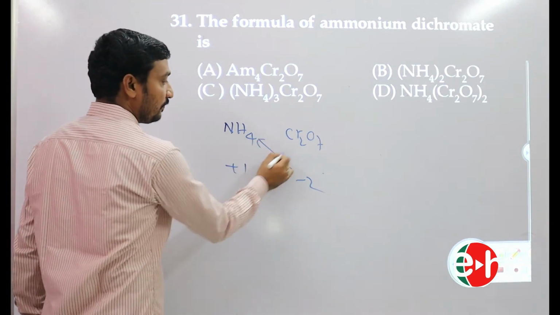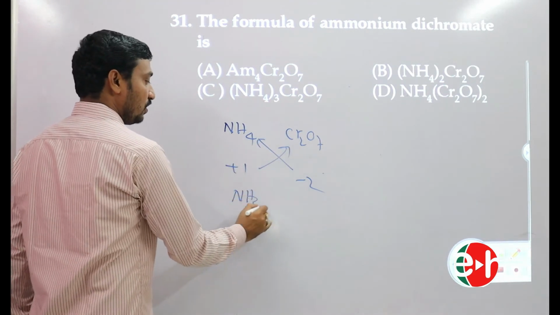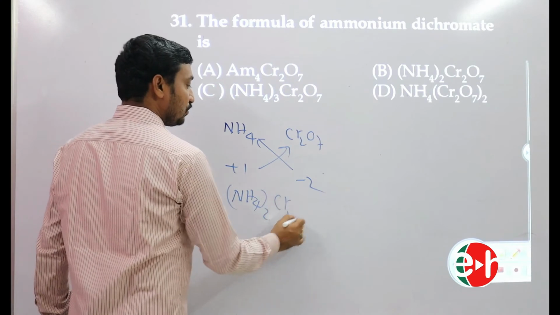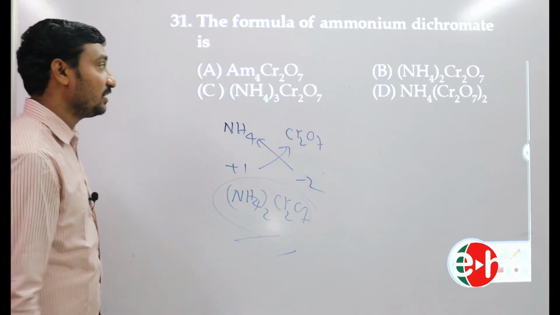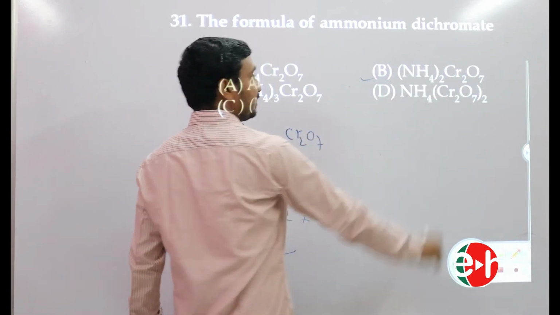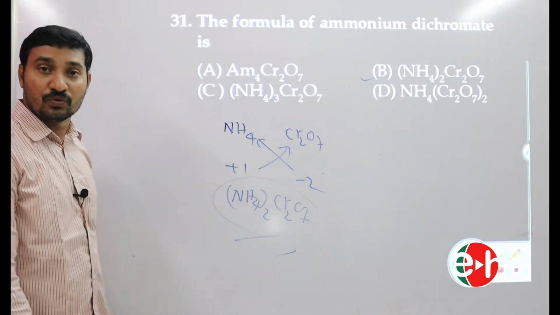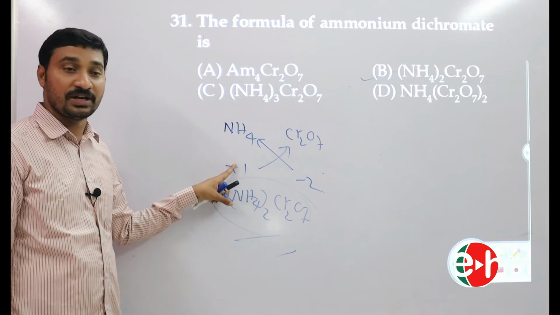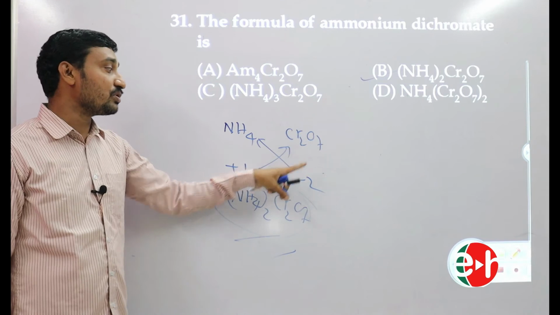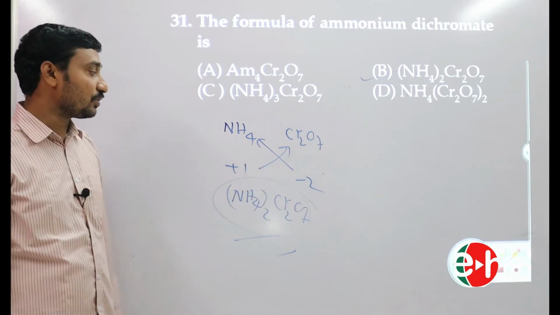Then the formula is (NH4)2 Cr2O7. This is the formula of ammonium dichromate. Hence our answer is the second one, (NH4)2 Cr2O7. Okay, next question.